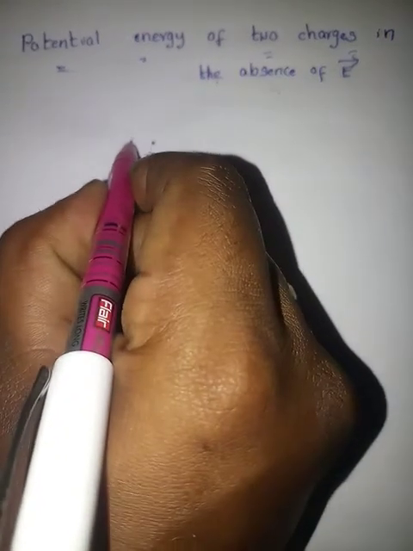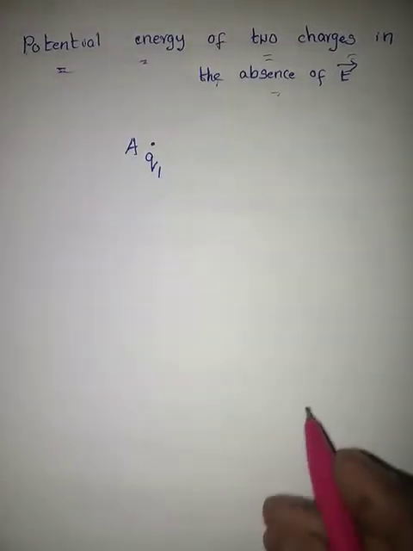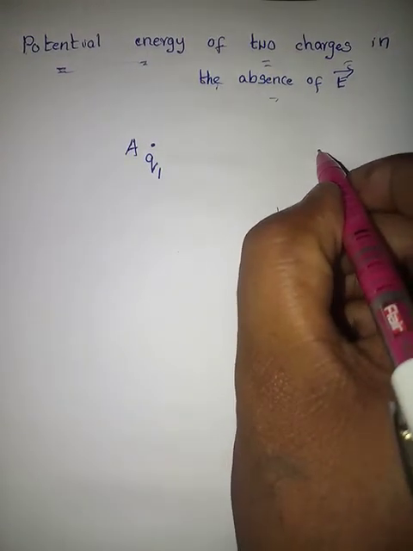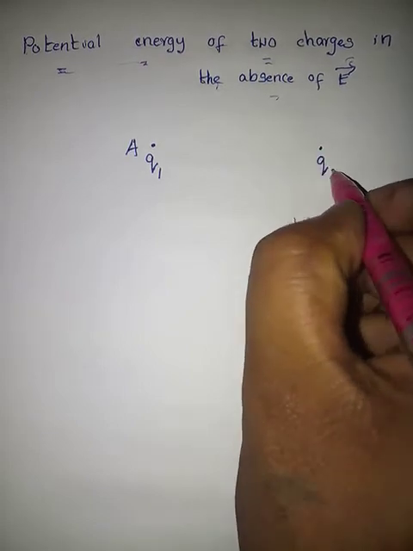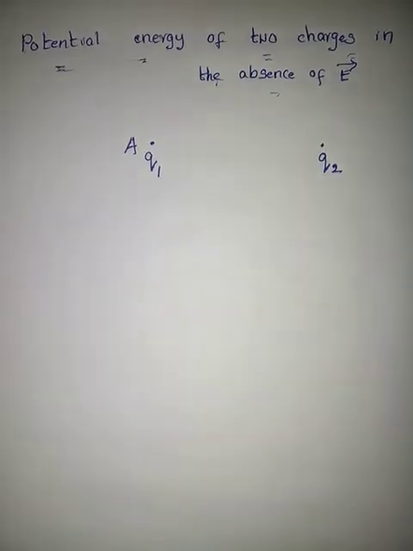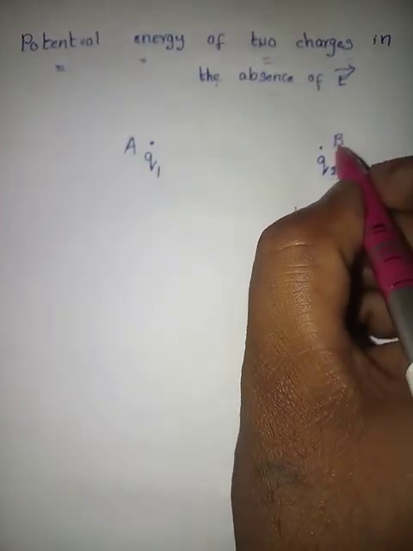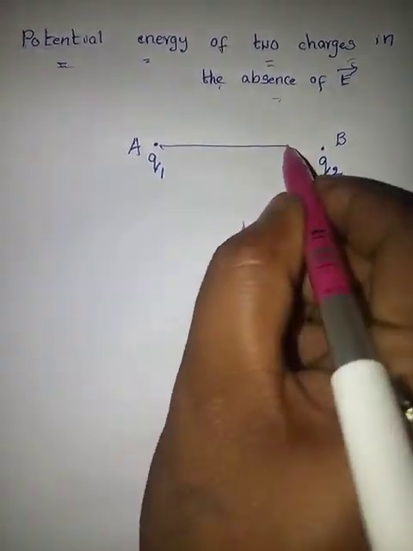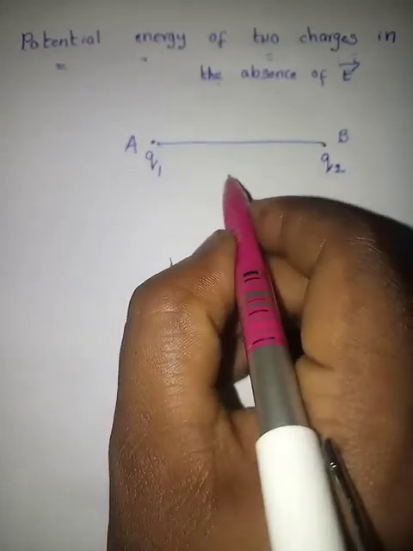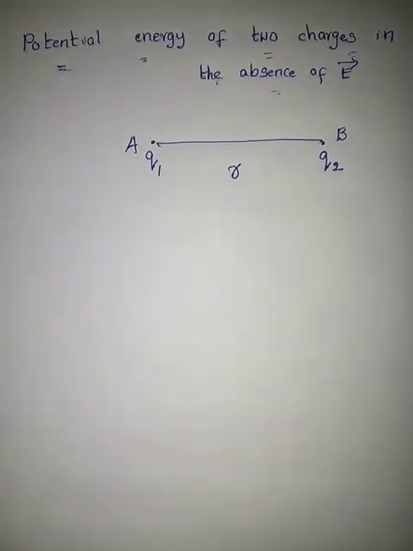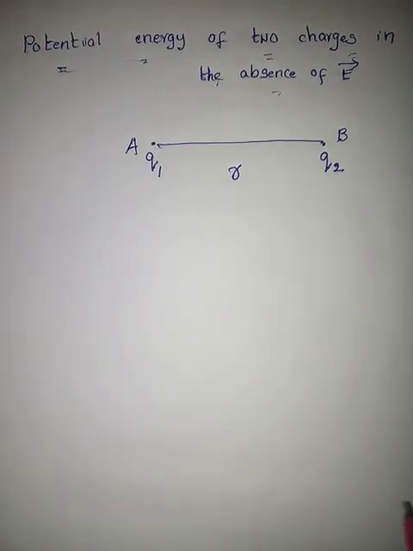For example, let us assume the charge Q1 is present at A. I want to bring a charge Q2 from infinity to a point B, which is at a distance of r. We should do work, right?